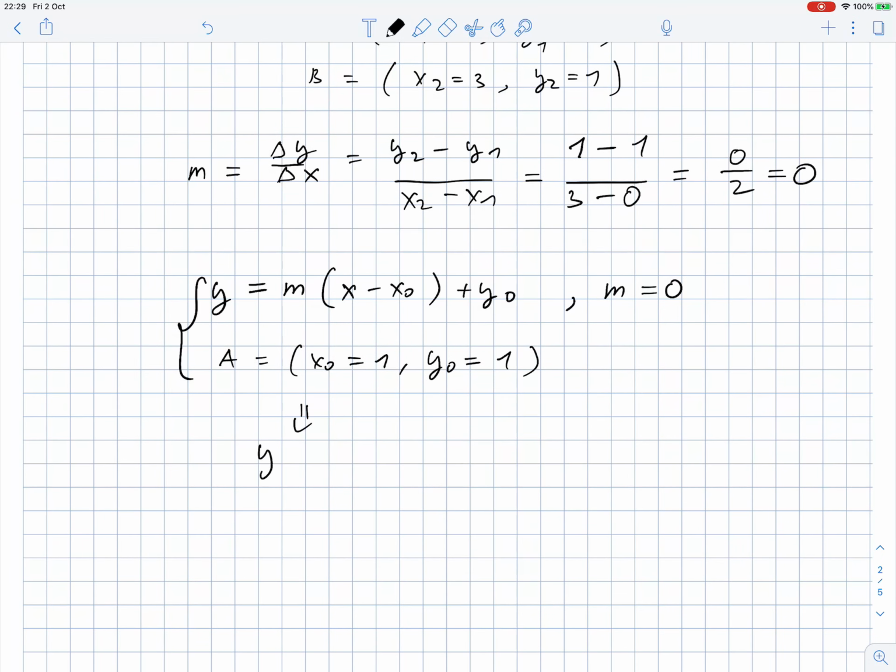Now, y equals 0 times x minus 1 plus 1. As you can see, this expression gives us 0. 0 plus, I'm sorry, this is not y, equals 1 plus 1, and we have the linear function y equals 1.